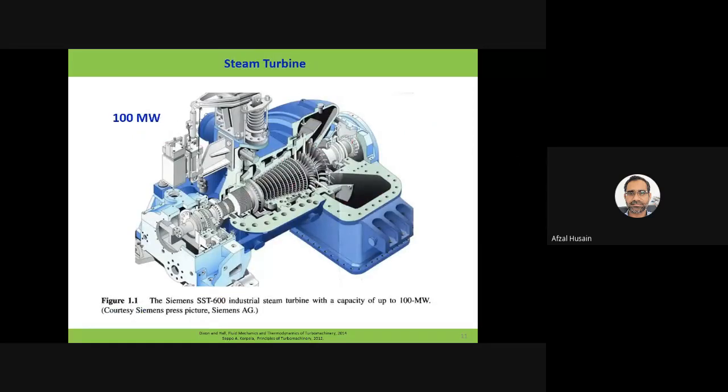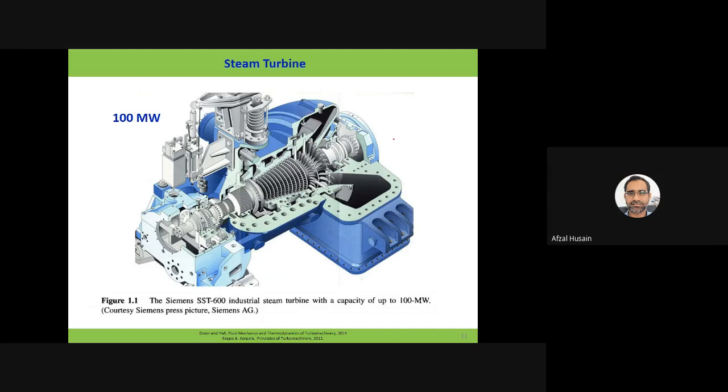And here you can see the inside structure of the steam turbine. It's a highly complicated machine, and not many companies in the world are producing it. There are only a few companies you can count on the fingers, especially Doosan, Siemens, and GE, very high names, which produce these machines and provide services to these power producing devices.